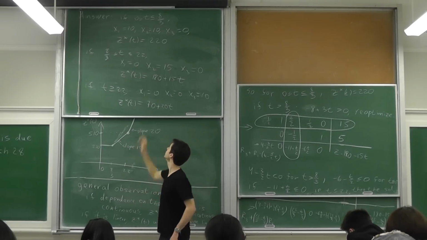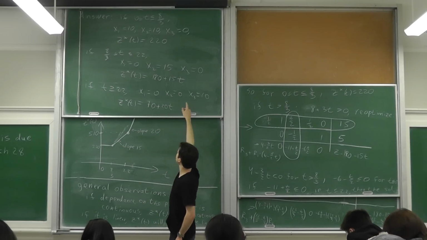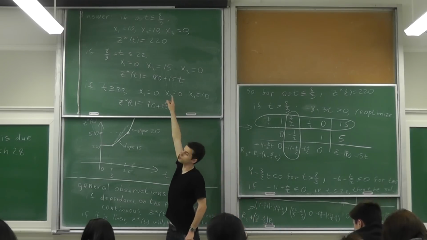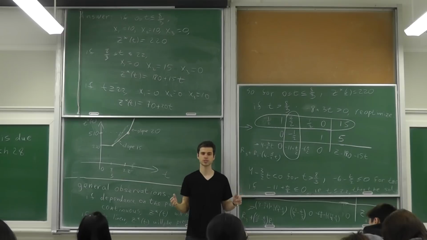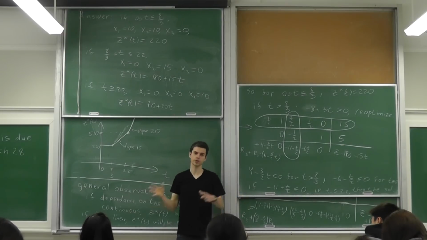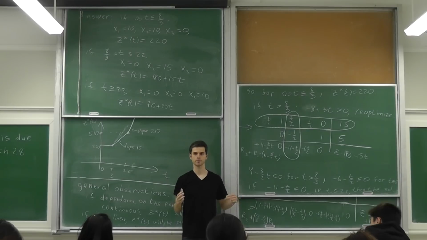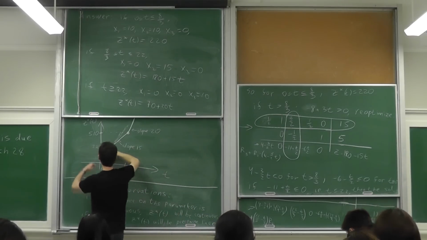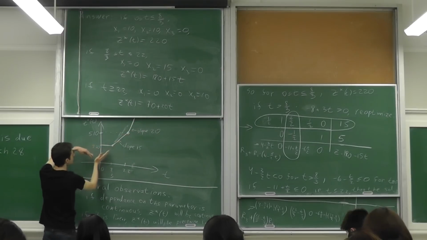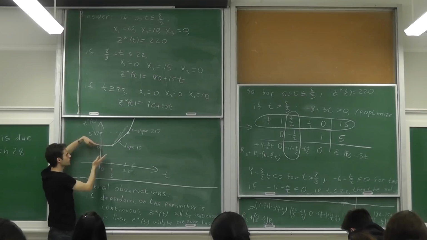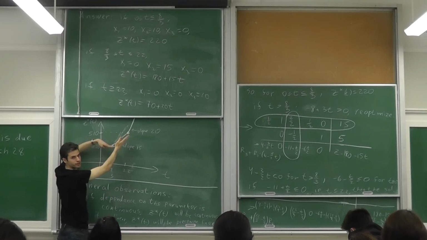So if you plug in x1 equal to 0, x2 equal to 15, x3 equal to 0, you'll get the objective function, which is 15 times 12 plus t. So just take these numbers, plug them into the original objective function. You'll get a line. Well, in what range will this line be better than this line? Well, of course, when it's higher up than this line.